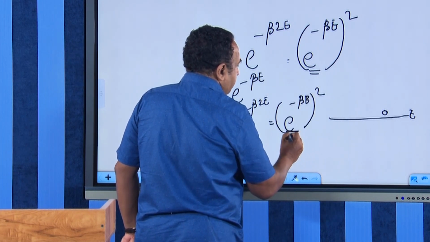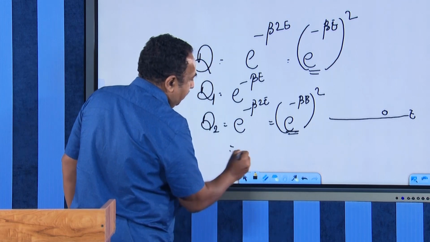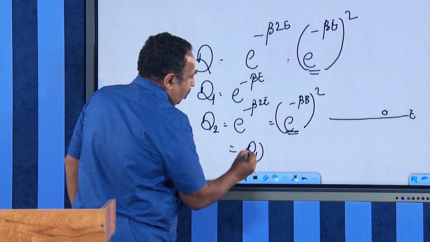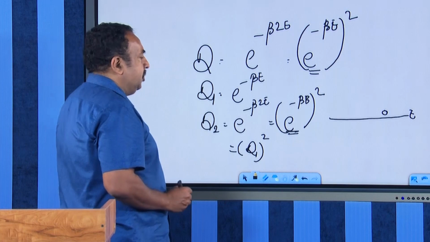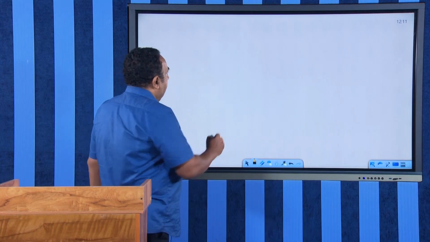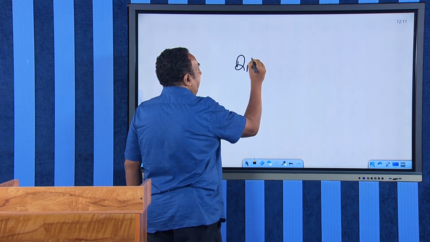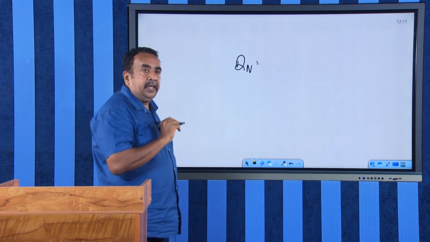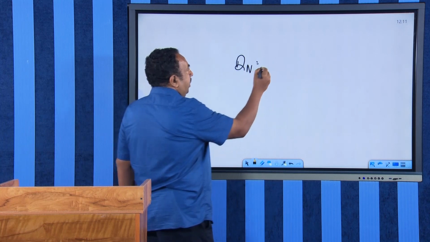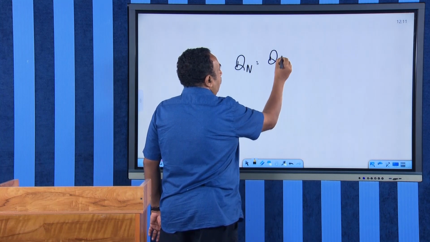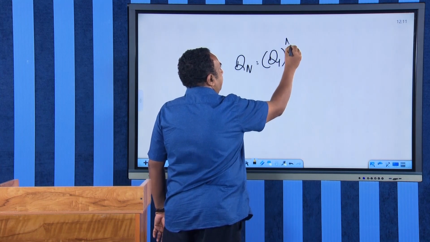That was our previous Q1, so this becomes Q1 square. Extending this, if I have n particles having the same energy, then Qn is Q1 raised to n.